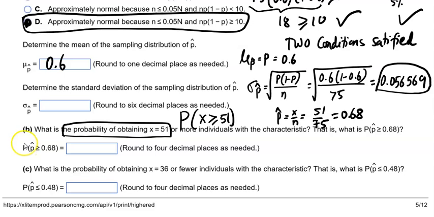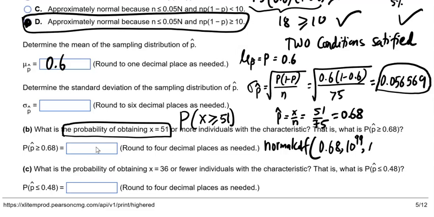I'm looking for the probability of p hat greater than or equal to 0.68 rather than the probability of x greater than or equal to 51. So I use normal CDF, and since it's greater, greater means to the right, and this number is going to be the lower bound. The upper bound we use 10 to the power 99 as usual, because we don't know what the upper bound is going to be, because we are in the greater direction.